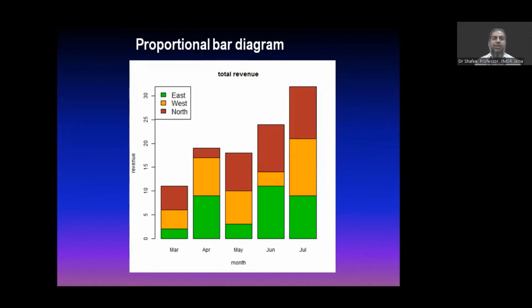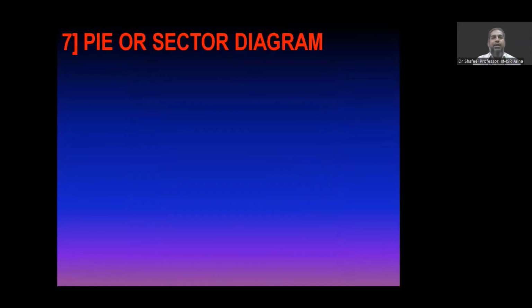Take the example of 100 deaths in a population, where 20 deaths are by cancer and 15 deaths are by myocardial infarction or heart attack. Here you can show 20 deaths, 15 deaths, and the remaining 65 deaths in one bar diagram. Like this, we prepare the proportional bar diagram.